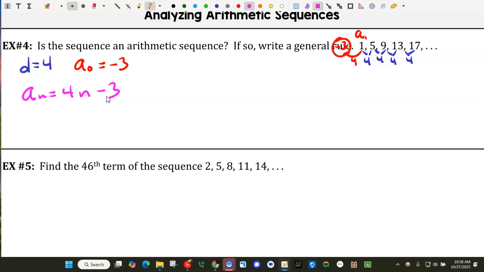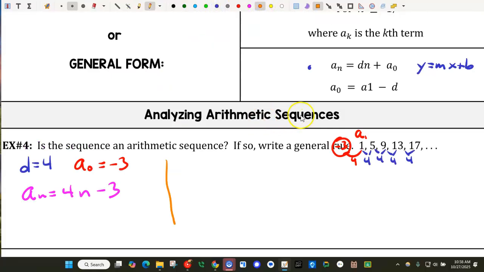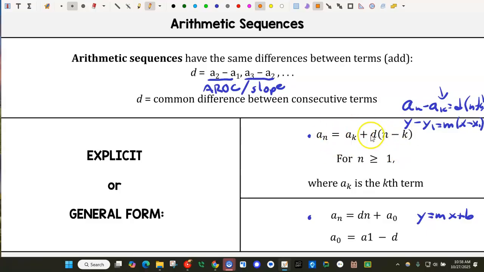So we can do that. Just note that if we want to use the other rule, what would that look like? In this format, I could pick any term. This is like x1, y1, so I could pick any term I want and just replace my x with k and the actual term with a sub k, and that would work as well.